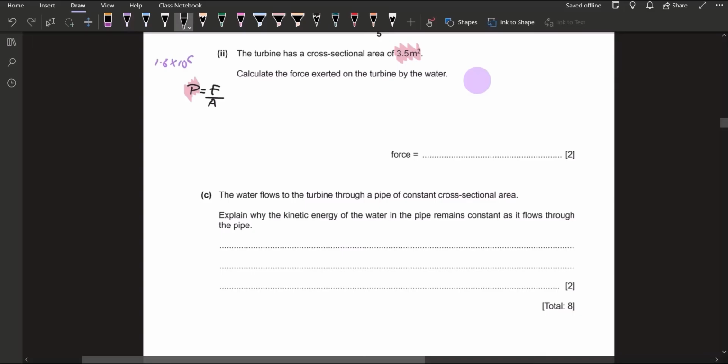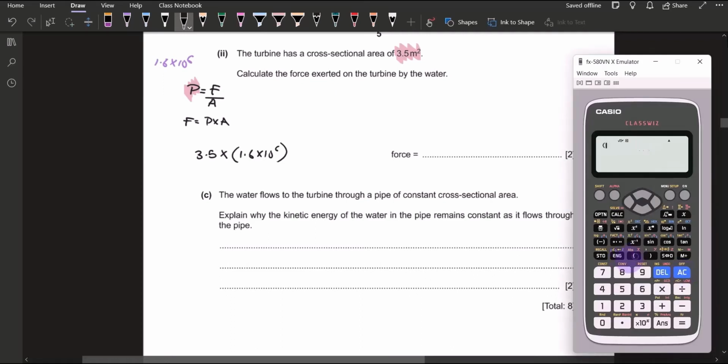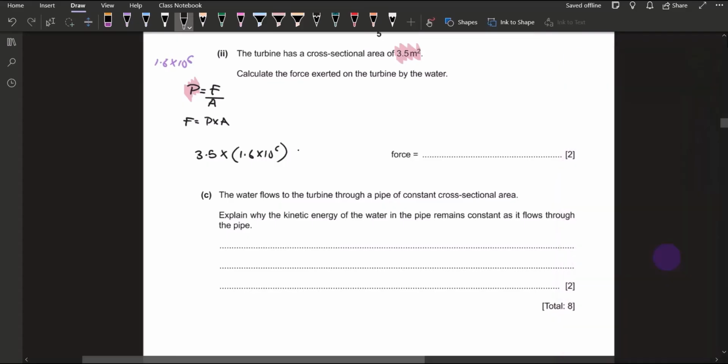You just rearrange your formula and you get F equals P into A. So 3.5 into 1.6 into 10 raised to the power 6, which is going to give us our answer as 5.6 into 10 raised to the power 6. And we can write down the same thing here, plus the units, which is Newton for force. And you get 2 marks for this.